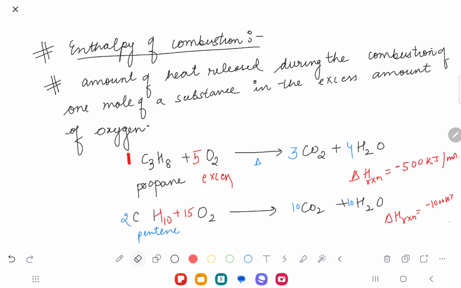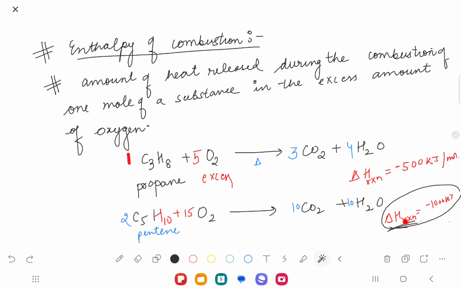We cannot call this heat of the reaction the heat of combustion. Definitely there is some heat, obviously, you will call it heat, no other name for that. But you can't call this heat the heat of combustion. That's the logic.